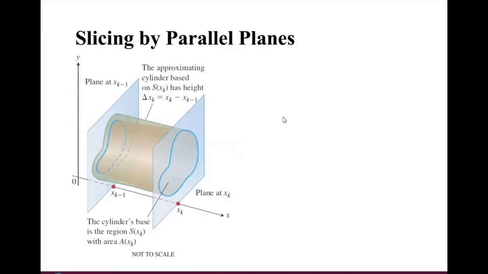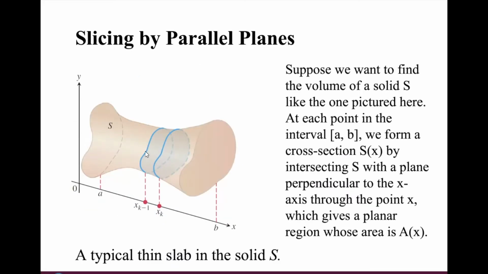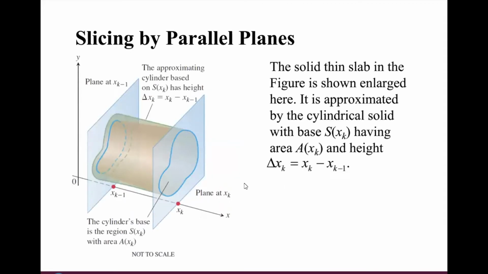All right, so what we're looking at here is a close-up of the little section that you see right here going from X sub K minus 1 to X sub K. Think of those values as being two X values that are pretty close together within the interval from A to B. This little piece of the solid, they're calling it a solid thin slab, is approximated by the cylindrical solid with base S of X sub K. So S of X sub K is a region.